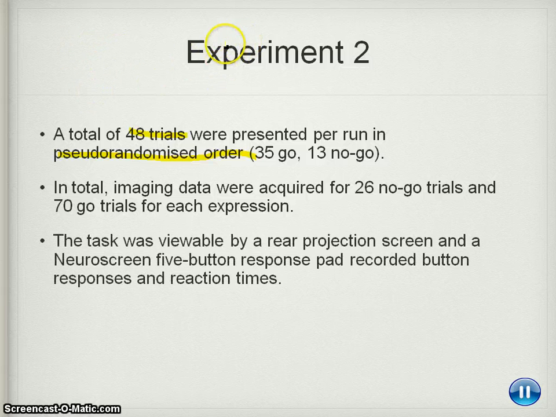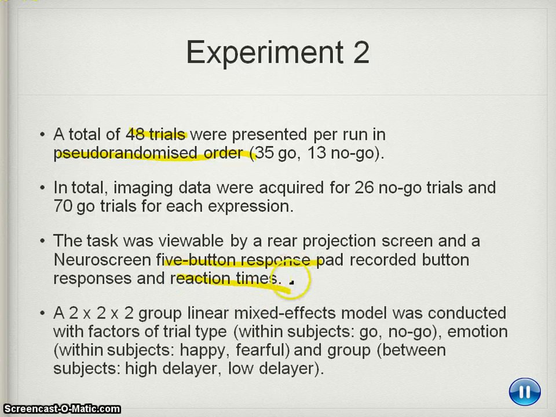The task was viewable by a rear projector screen at the back of the fMRI scanner, known as a neuro screen, and a 5-button response pad. In other words, they had a response pad to say whether it was a go or a no-go, and that recorded the reaction times as well.